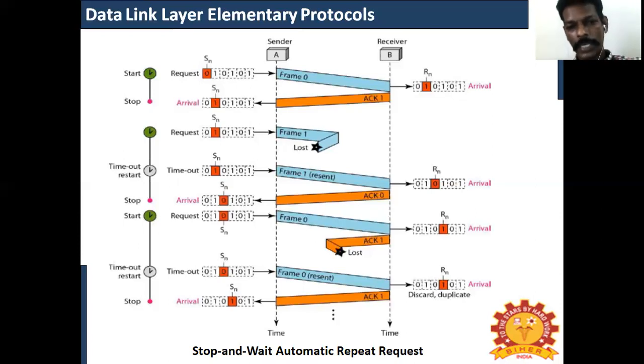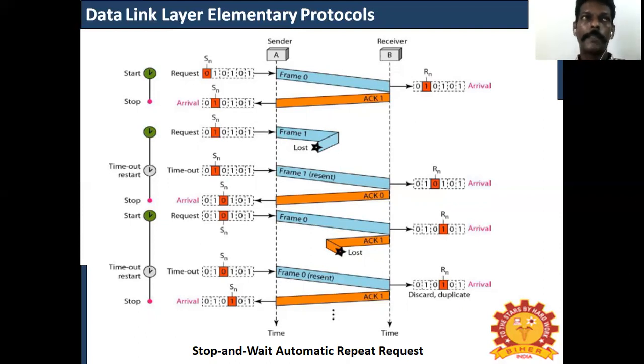Again, frame 1 is resent, because the previous frame 1 was lost due to a data transmission error. After receiving frame 1, the receiver machine sends an acknowledgement called ACK0.